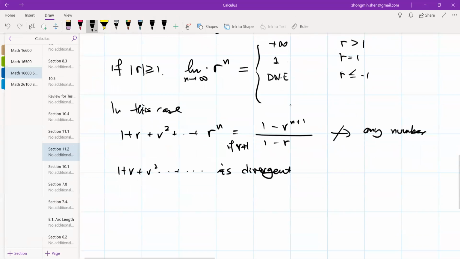Now we can also write it in sigma notation form. We'll talk about this later. Let's look at the example first. This next problem is problem number 24, and then I'm also doing number 26.